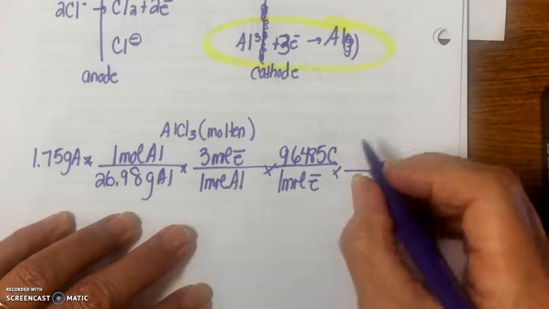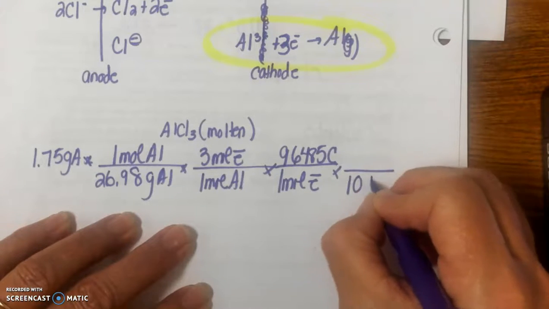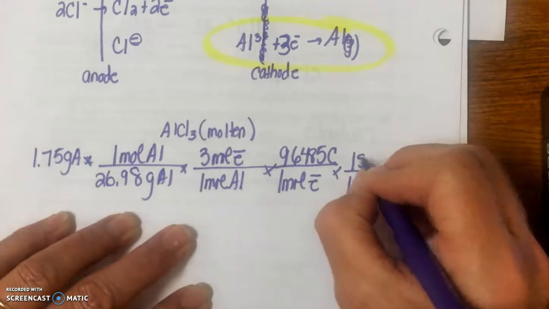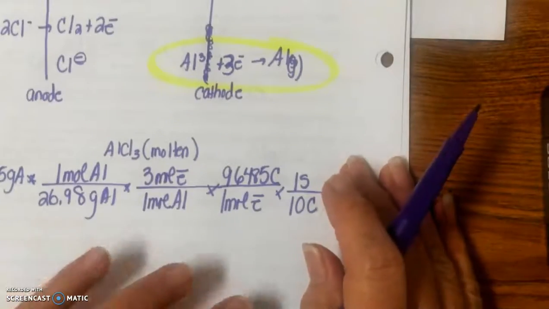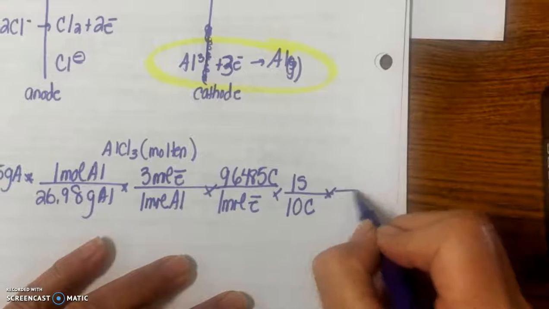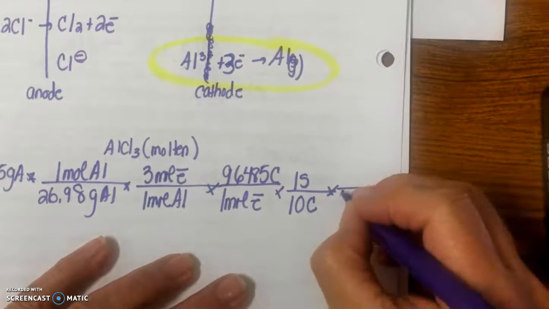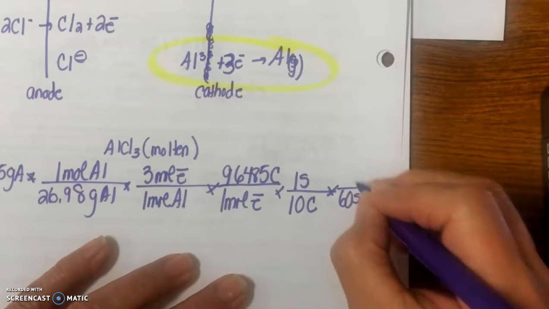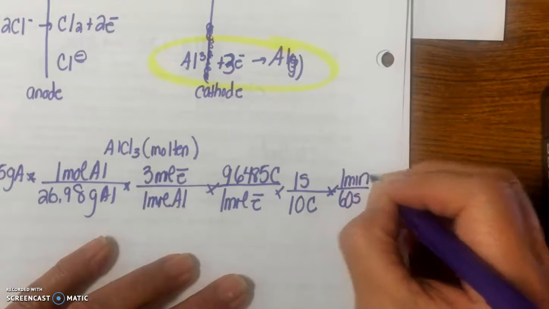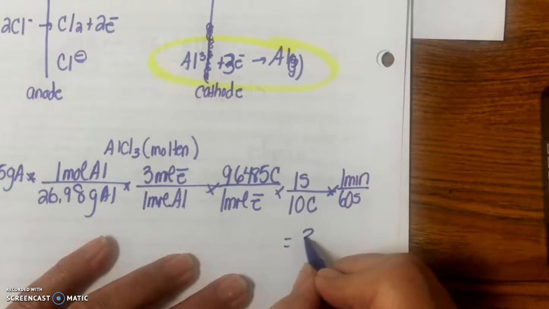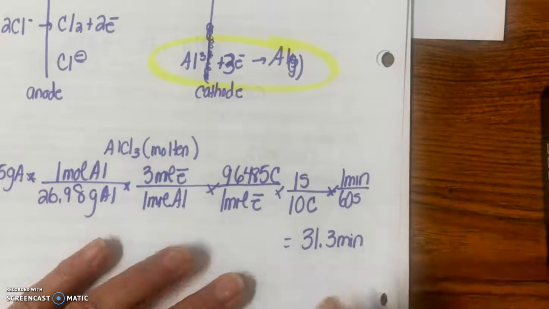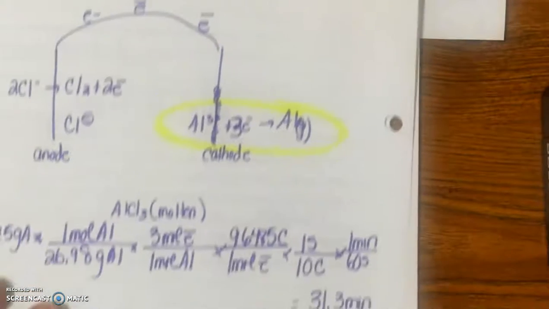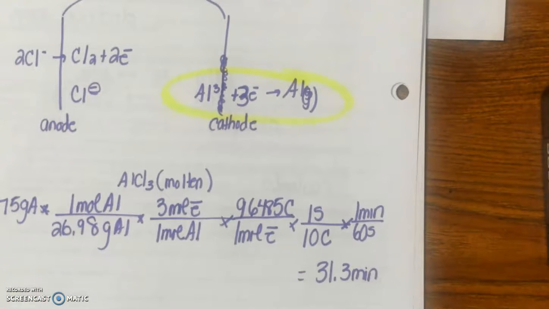I can go from 10 coulombs per 1 second because I still am at 10 amps. And I need to convert seconds to 1 minute because it asks for minutes, and that equals 31.3 minutes.